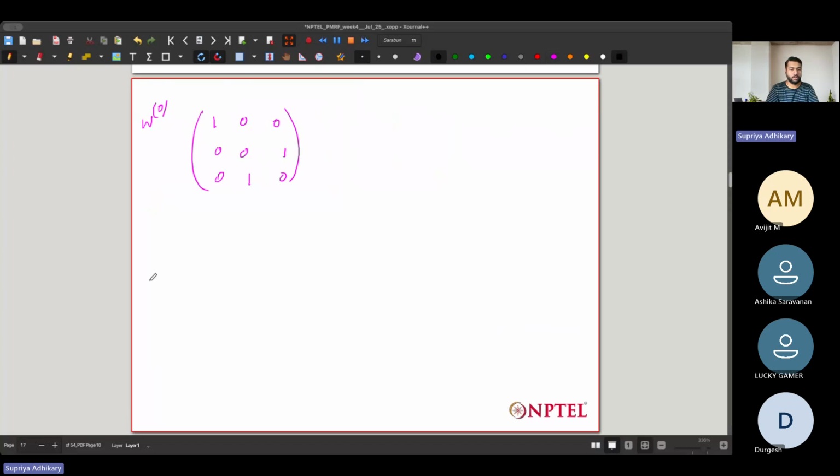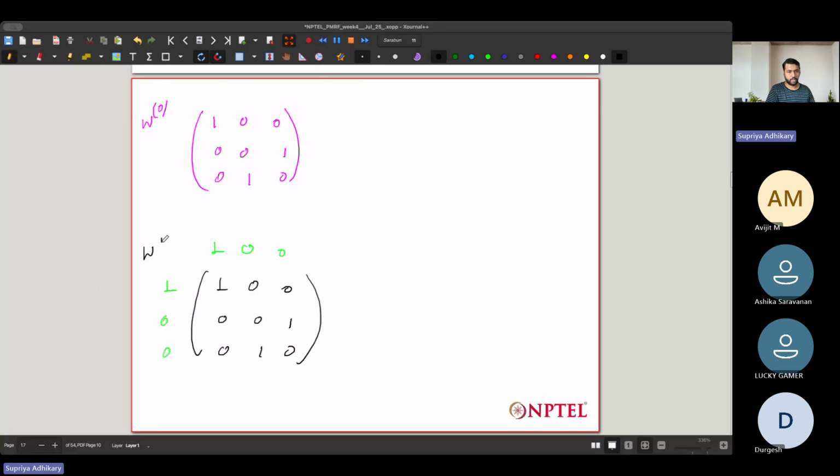Now, in order to compute W1, we can just copy the W0 matrix, and now we have to take account of the first row and first column. Is there any update that you can see? No, because the cell 1 1 is already 1, so there should not be any update. So this is our W1 already.